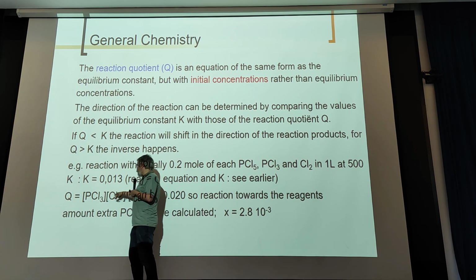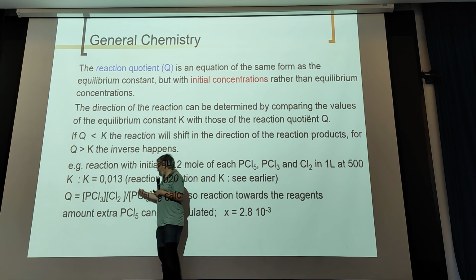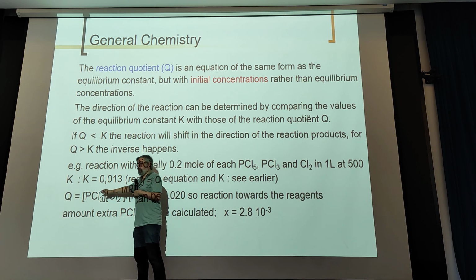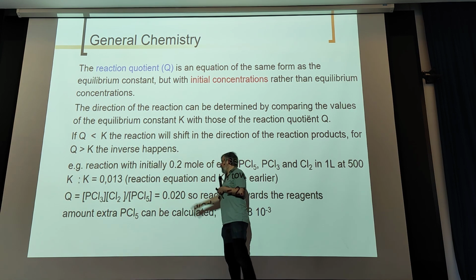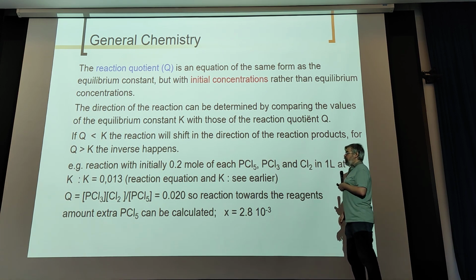It's 0.2, 0.2, 0.2 in 1 liter. So we divide 1.2 by the other, and 1 is left, 0.2. So this 0 disappears.